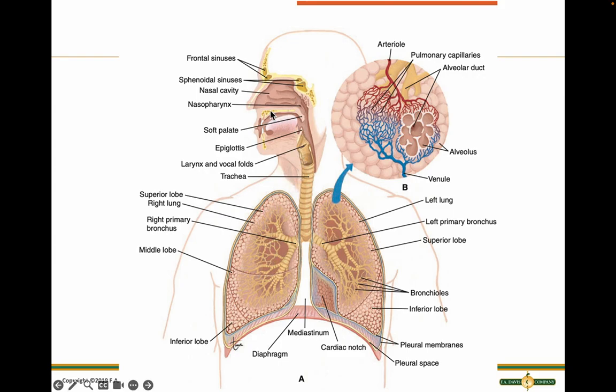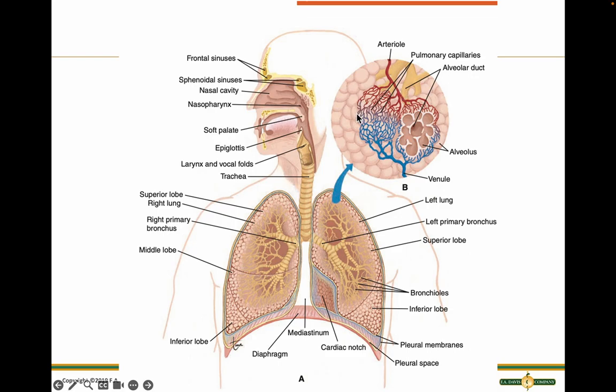But again, if you follow the pathway of air down, you can see how the air would follow these tree-like tubes, and it ends with a part we haven't seen in a picture until now, and in class, these alveoli.